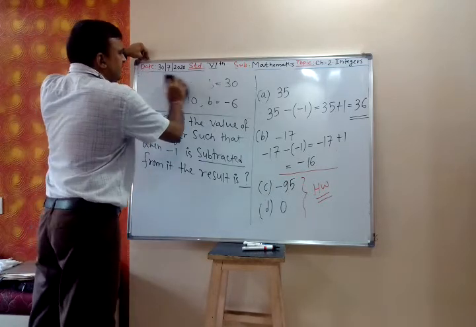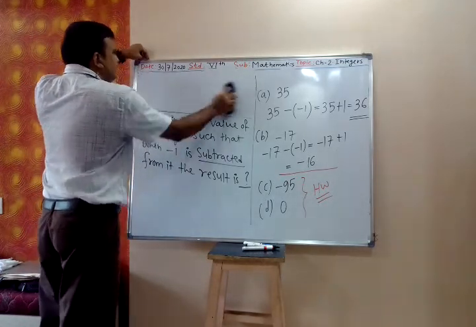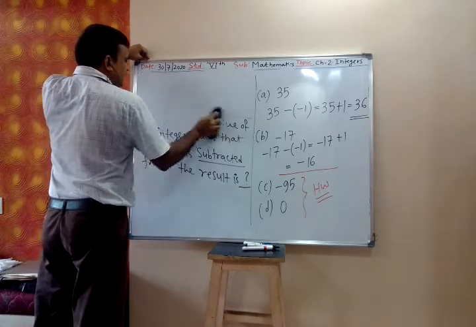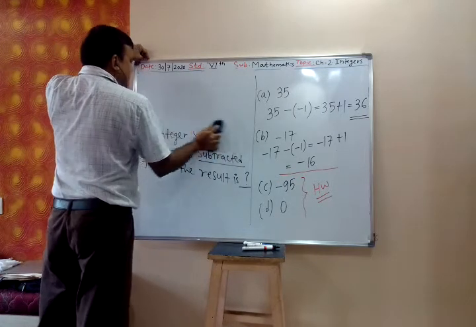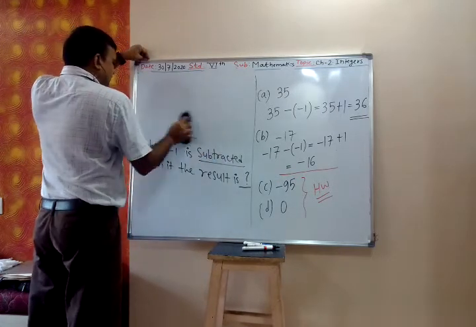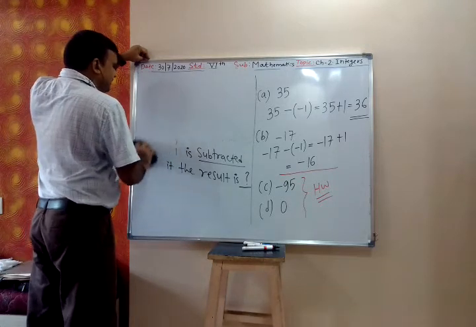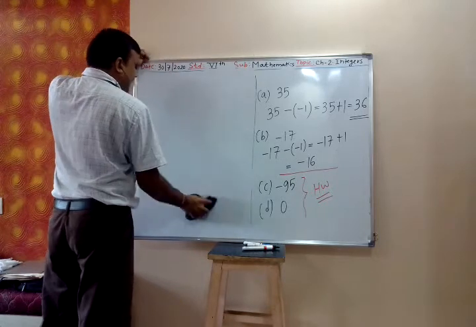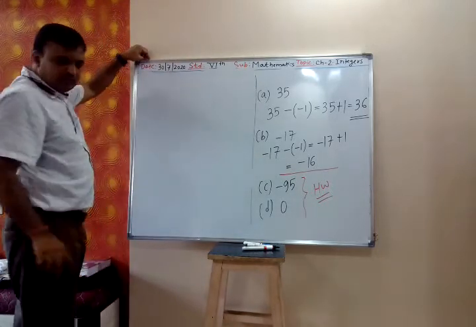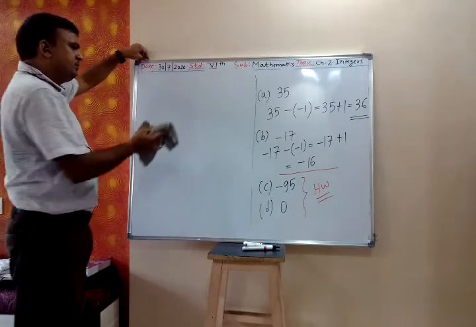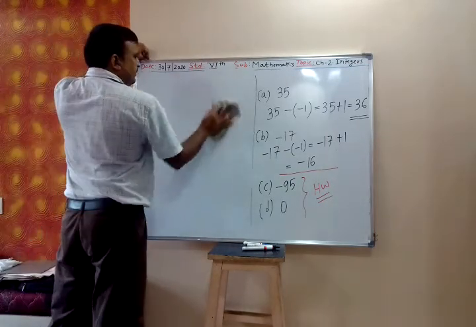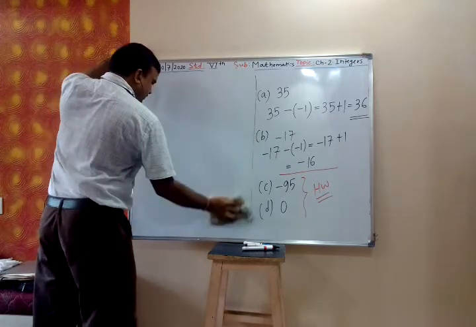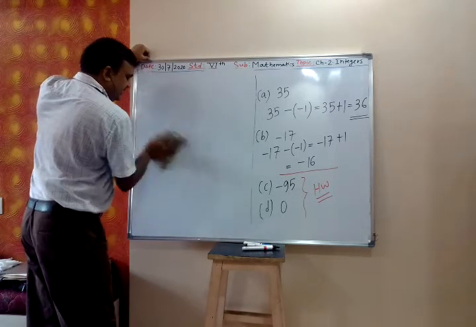Whenever minus minus are together, we write minus minus as plus. 0 plus 1 is equal to 1 only. So C and D are homework.